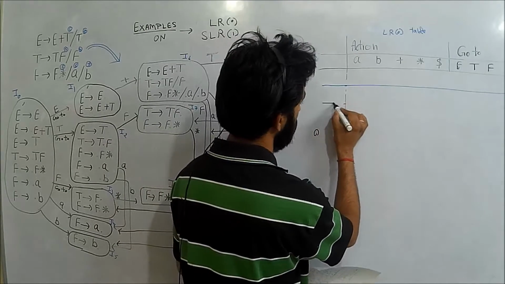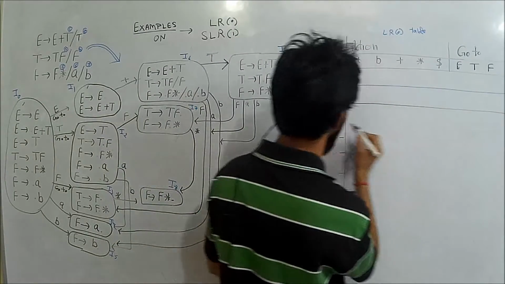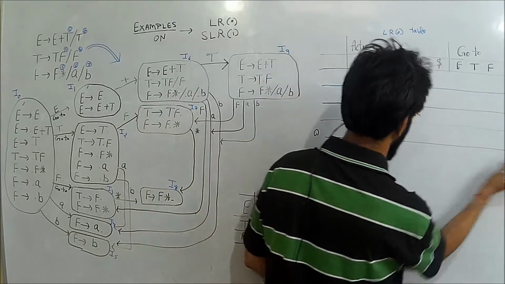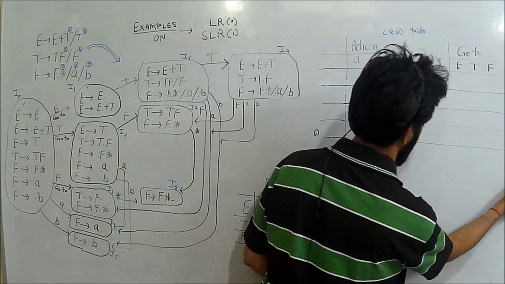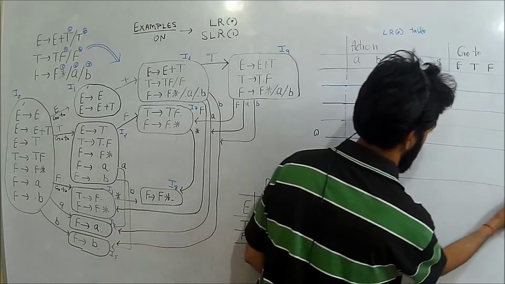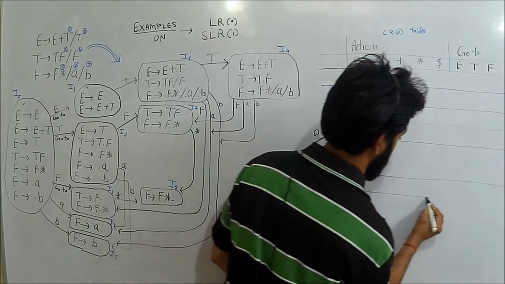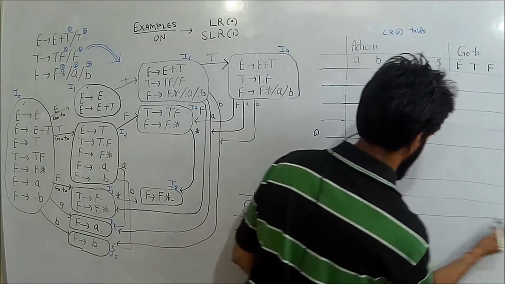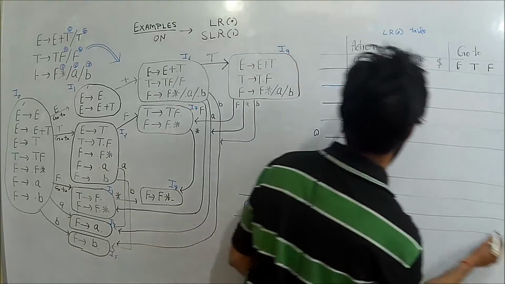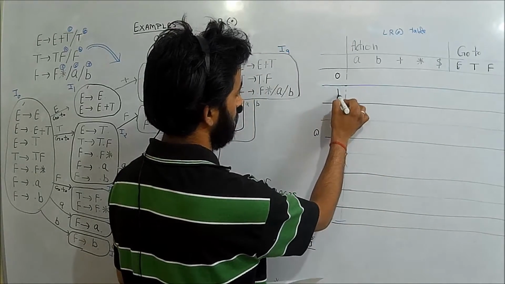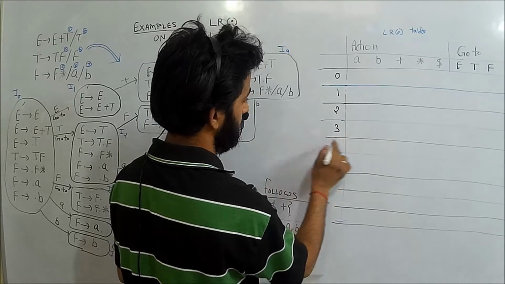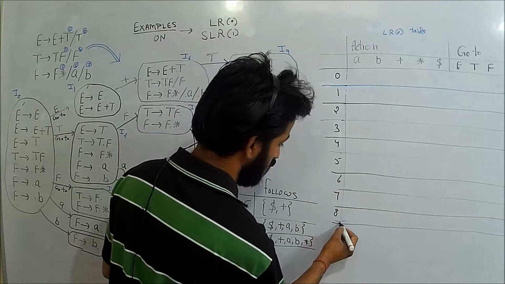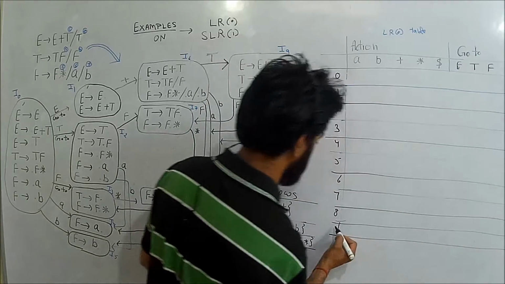So 1, 2, 3, 4, 5, 6, and 9. Okay. Let us number this 0, 1, 2, 3, 4, 5, 6, 7, 8, and one more that we have to add is 9.